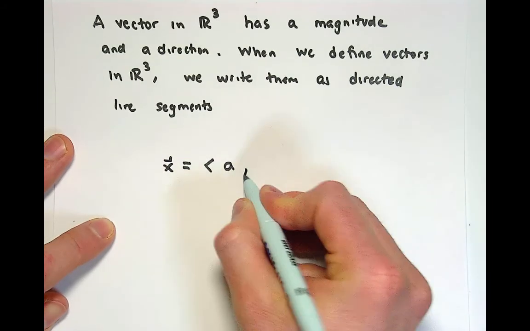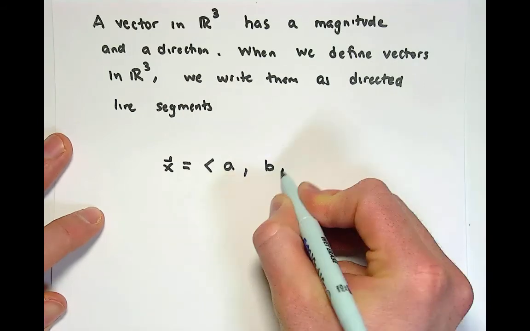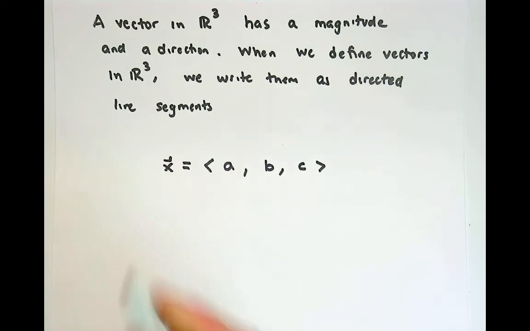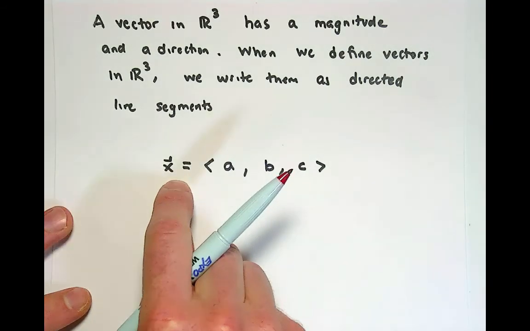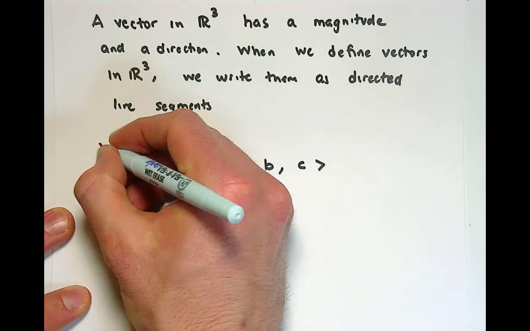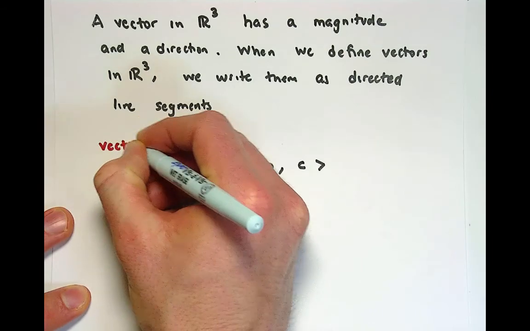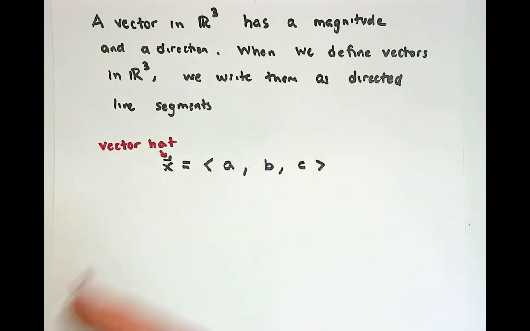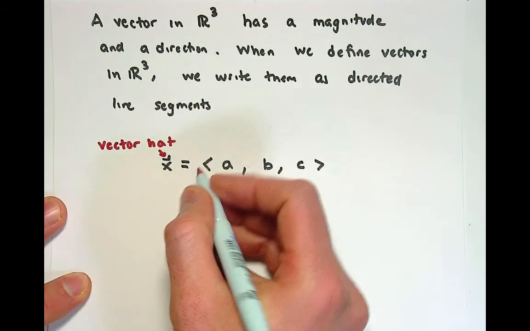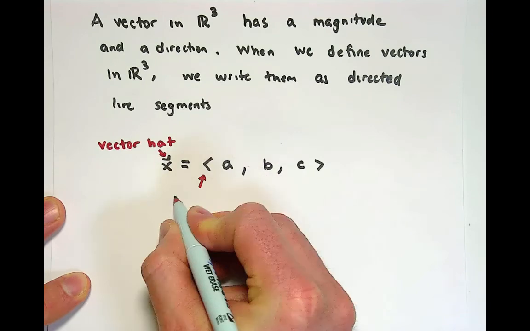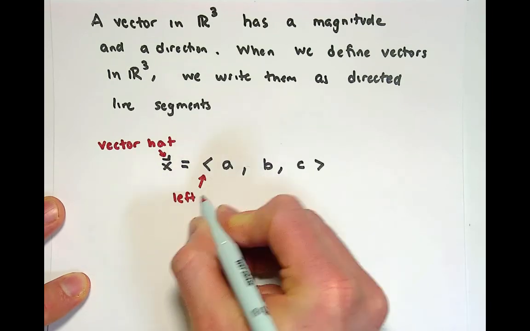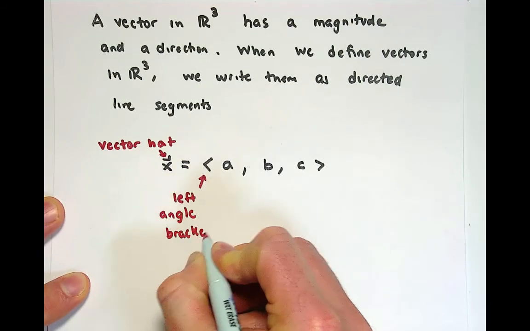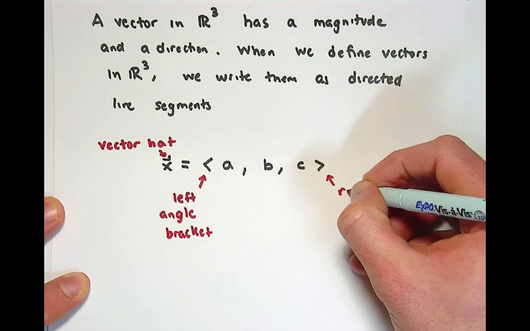The first component, the second component, and the third component. You can tell that this is a vector and not a coordinate because of the vector hat symbol here. Here's the vector hat written on top. And you could also tell that this was a vector and not a point because of the angle brackets. Here we have the left angle bracket. And here we have the right angle bracket.